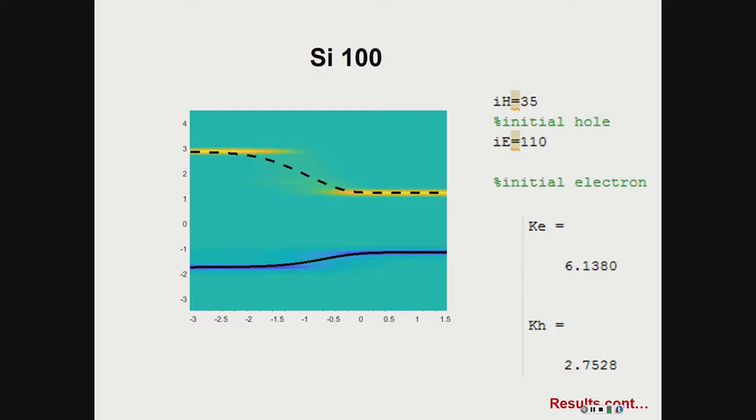So you're excited from about -2 for holes and 3 for electron, about 5 electron volts, and you end up in the HOMO-LUMO, right? So what's a HOMO-LUMO here, based on this figure?